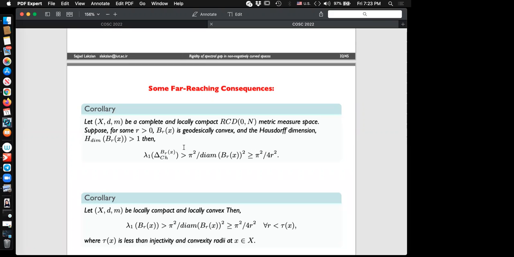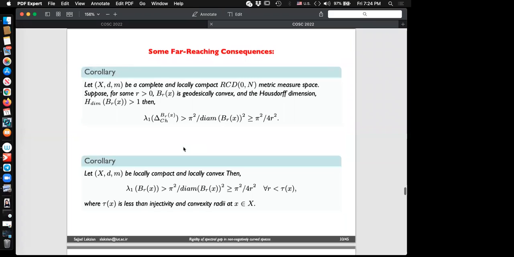If you use the Hessian or the self-improvement and the Hessian formulas in RCD spaces, then the positive K that appears, in some step, you can cancel out from both sides and then get what you want. But in this case, if K is 0, the same proof doesn't work. Let's just say that. And I will talk about how one would actually prove this rigidity result. But let's talk about some of the corollaries of this.